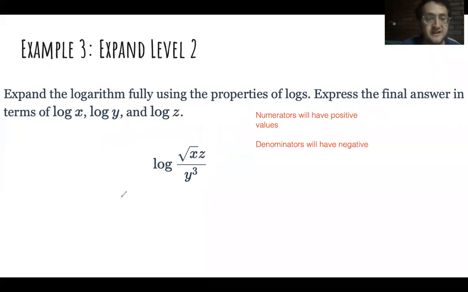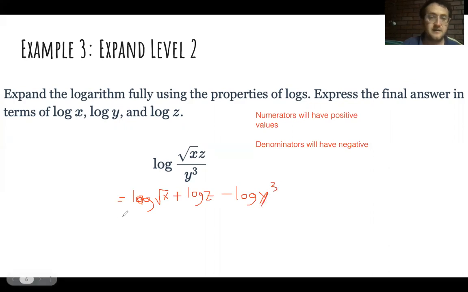So if I'm expanding this, I'm going to write log of square root of x plus log of z minus log of y cubed.